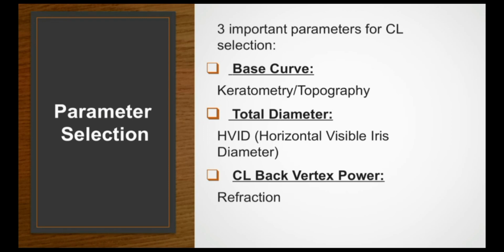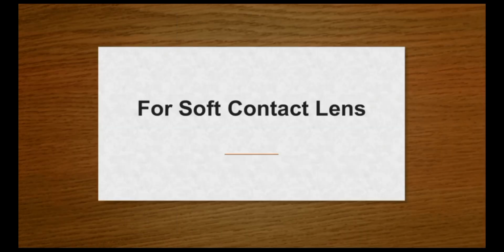So you have done the refraction of the patient, you came to know that the spectacle power is -3. Now you have to convert that spectacle prescription into the contact lens prescription. So now we are going to discuss these parameters. The calculation of these three parameters will be discussed now, and this is only for soft contact lenses.